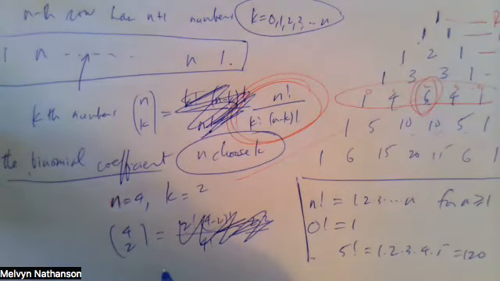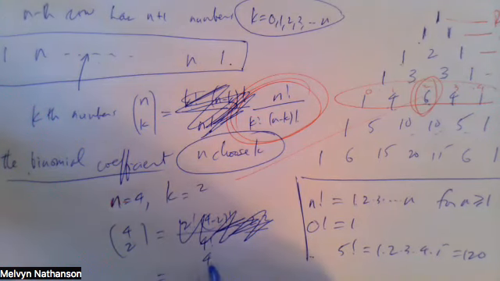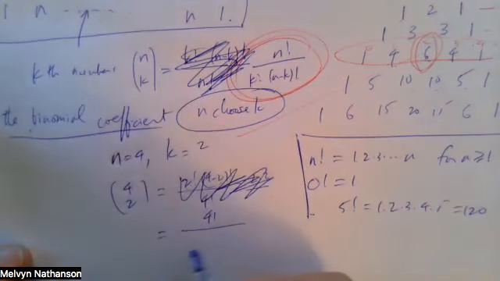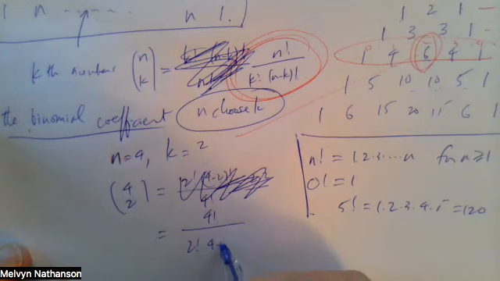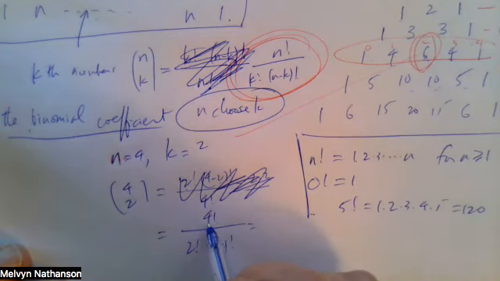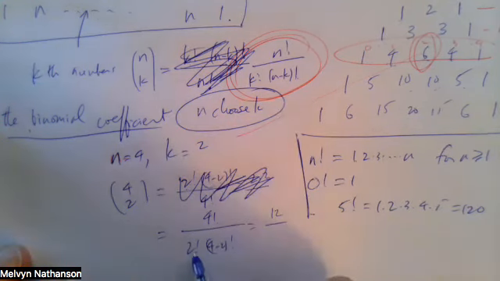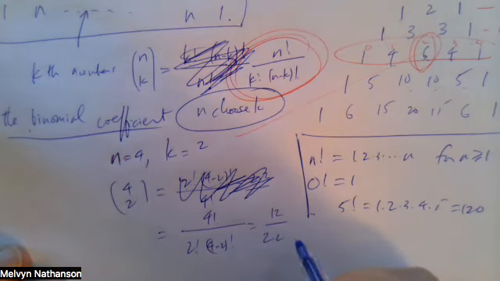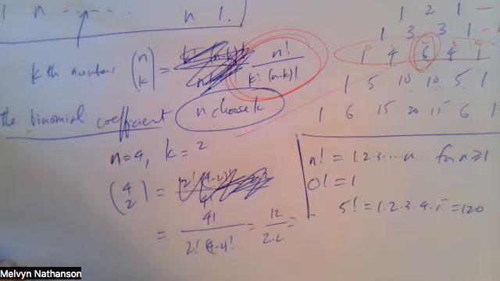So 4 choose 2 is 4 factorial over 2 factorial times 4 minus 2 factorial. 1 times 2 times 3 times 4 is 24. 2 factorial is 2 times 2. This is 24 over 4. This is 6. So why am I getting everything wrong here? Why am I getting everything wrong?